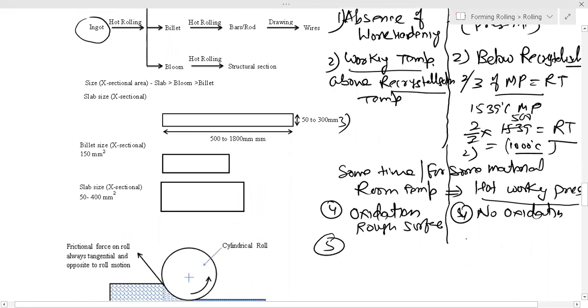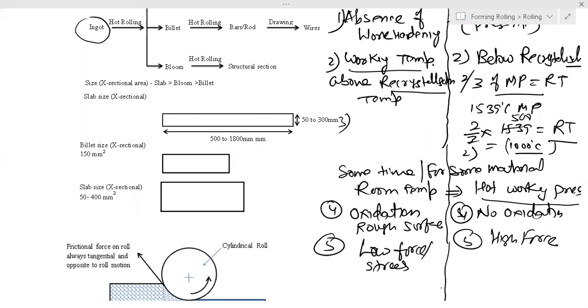The fifth point is force. In hot working, low force or low stress will be required. In cold working, high force will be required, because at higher temperature the stress strain curve shifts down, and because of that the hot working process requires less force. With a small amount of force, the metal will be deformed.